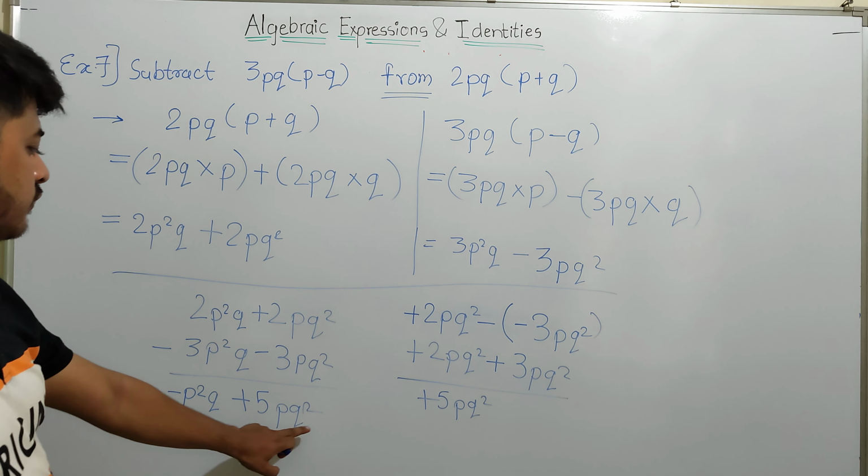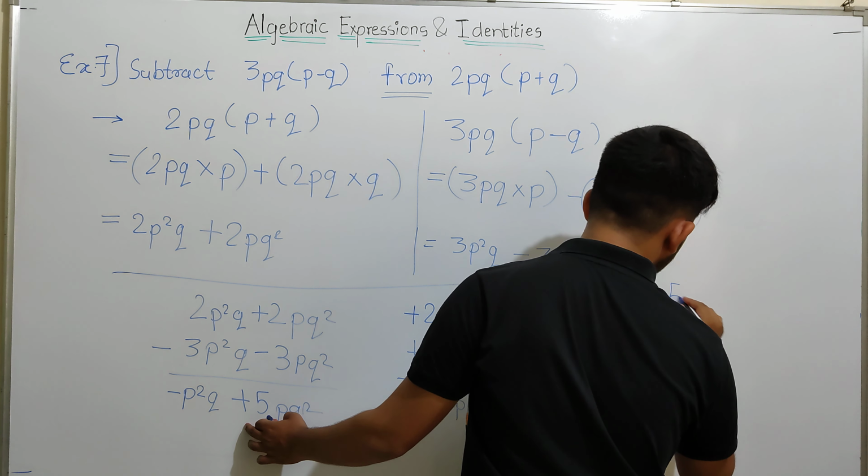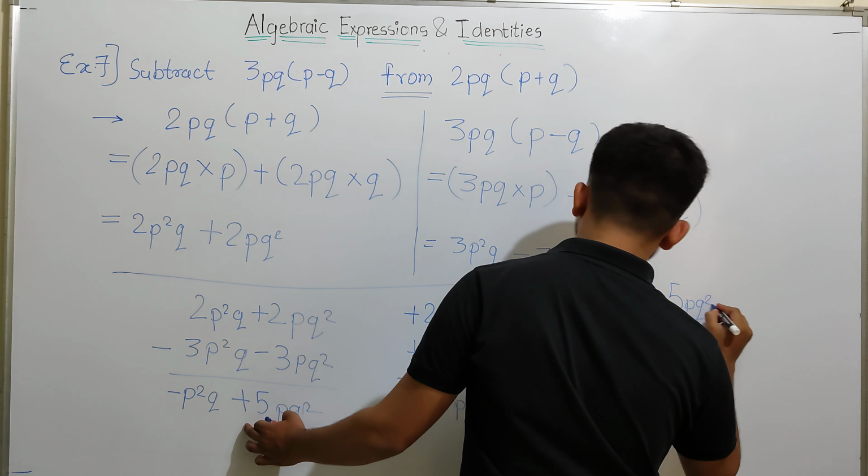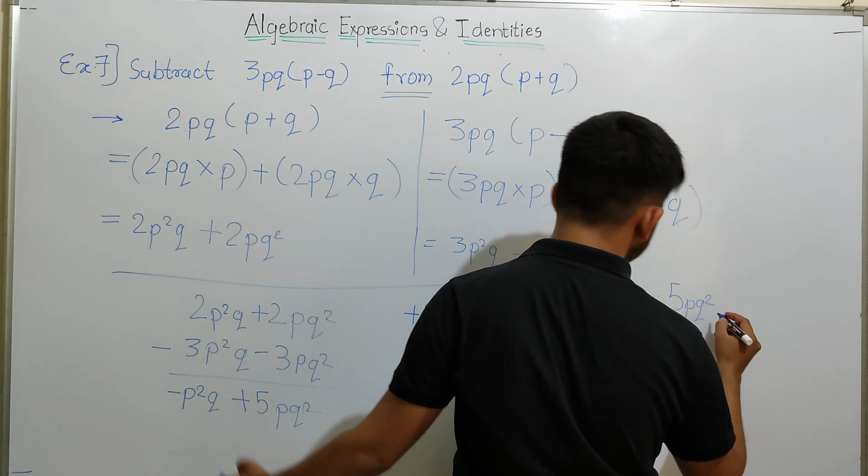So the final answer you have to write like this: 5pq² − p²q. Now see here, don't get confused between 5pq² and 5p²q.